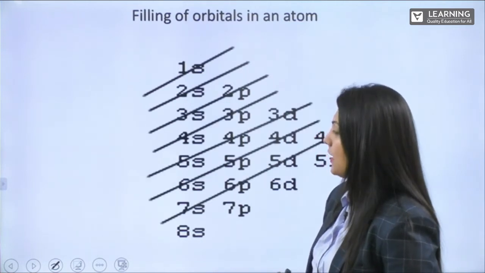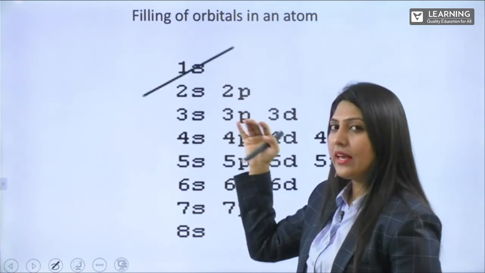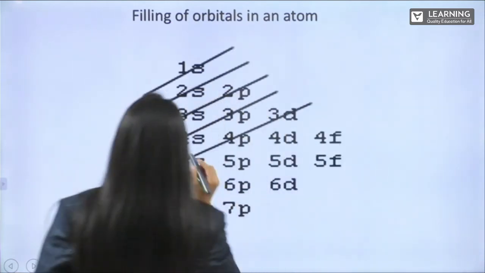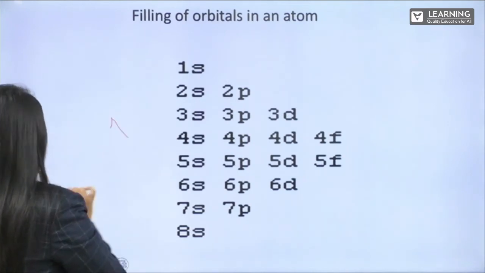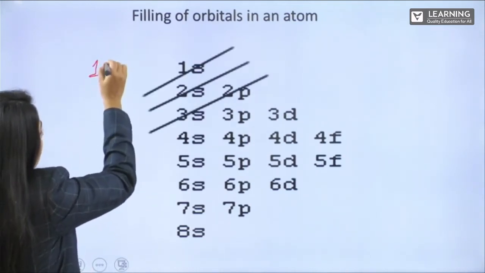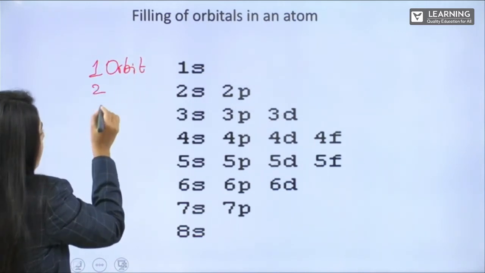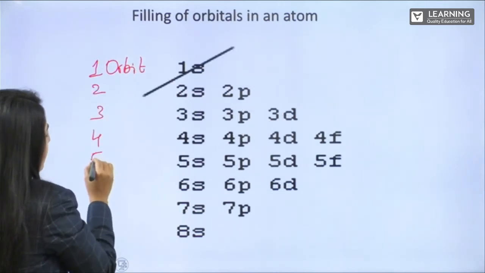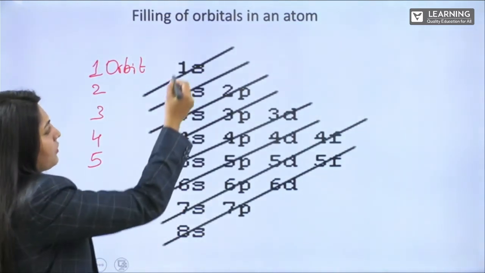Here we have the method to follow this. If you see here, you have 1s, 2s, as they have been given here. So this is the first orbit, this is second, third, fourth, fifth, and so on. So the energy levels will be given.